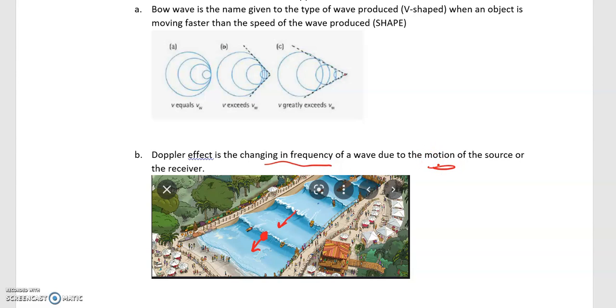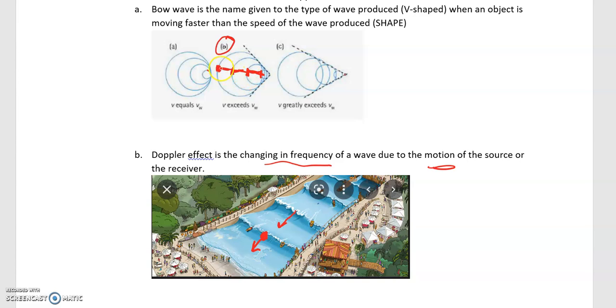Now, if we look at these bow waves up here, I'm going to look at example B because it's the easiest one to try to draw on. Let's say you're standing right here. These waves are going to hit you with the same frequency. Part of the reason we can tell is that the distance between each wave is consistent.